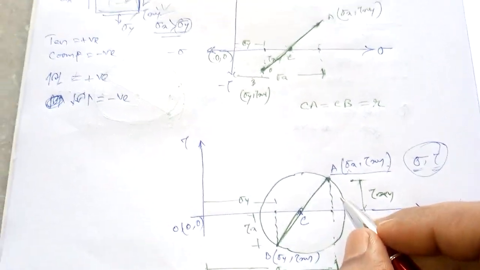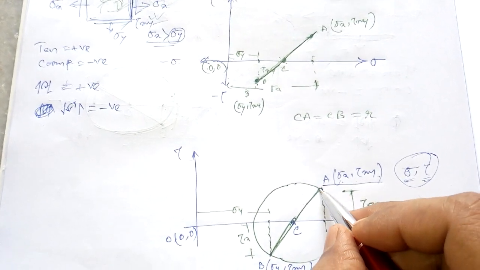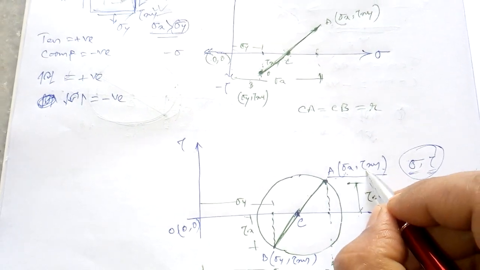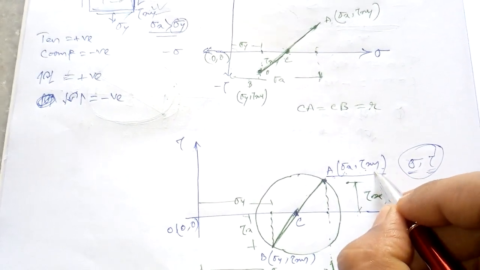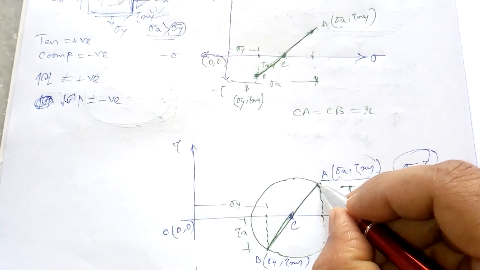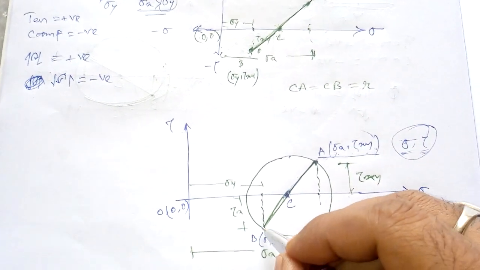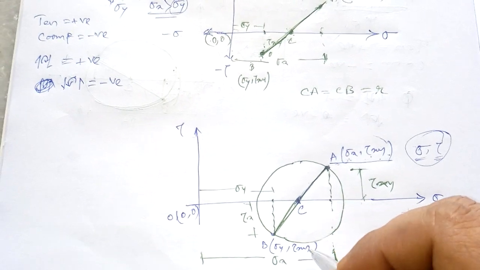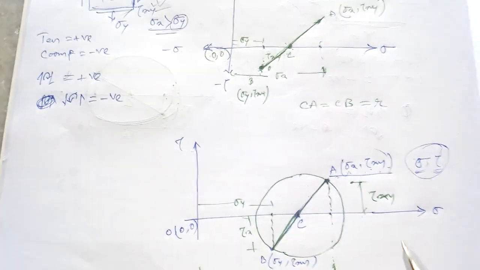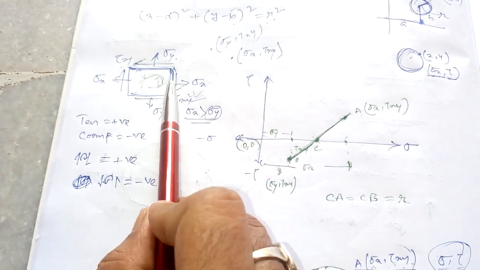Now, let us look at this section. With this as center, this point A is the stress condition of the vertical plane, right? Now B is the horizontal one, so obviously CB is indicating the horizontal plane. Now what is the mutual inclination of this vertical and horizontal plane?